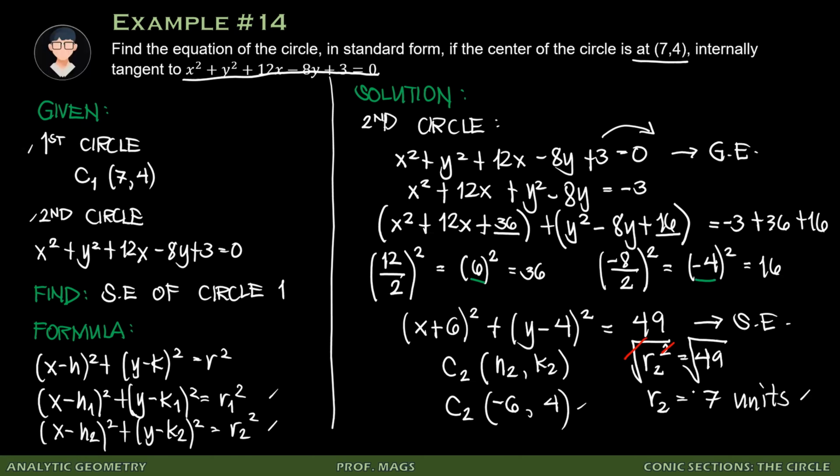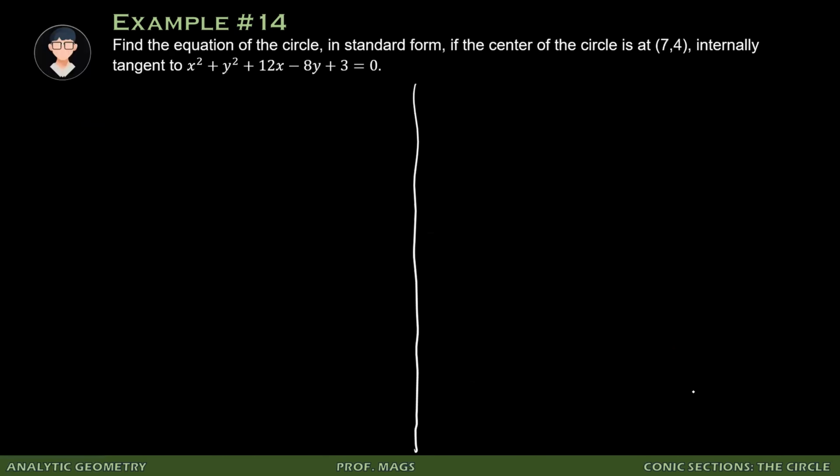Now, we're going to proceed in solving for the distance between the two centers, C sub 1 and C sub 2. So, C sub 1, 7 and 4 yan, di ba? And we have C sub 2, which is negative 6 and 4.